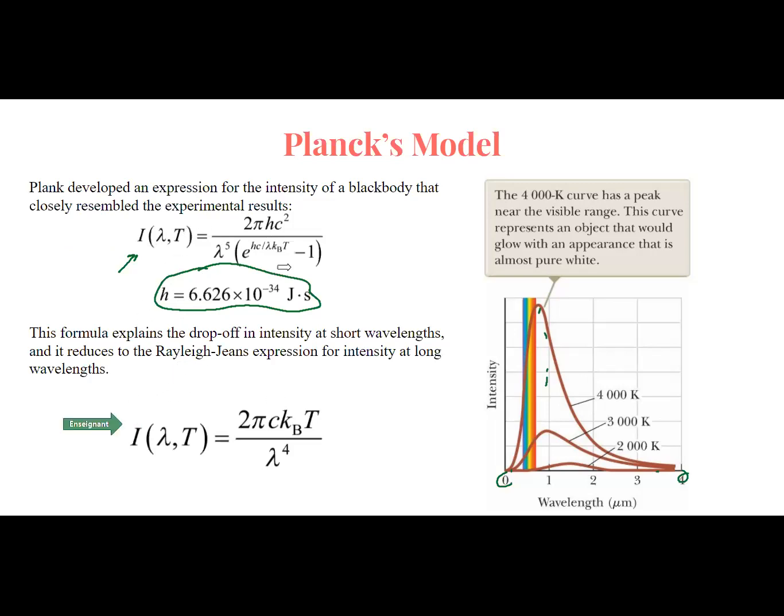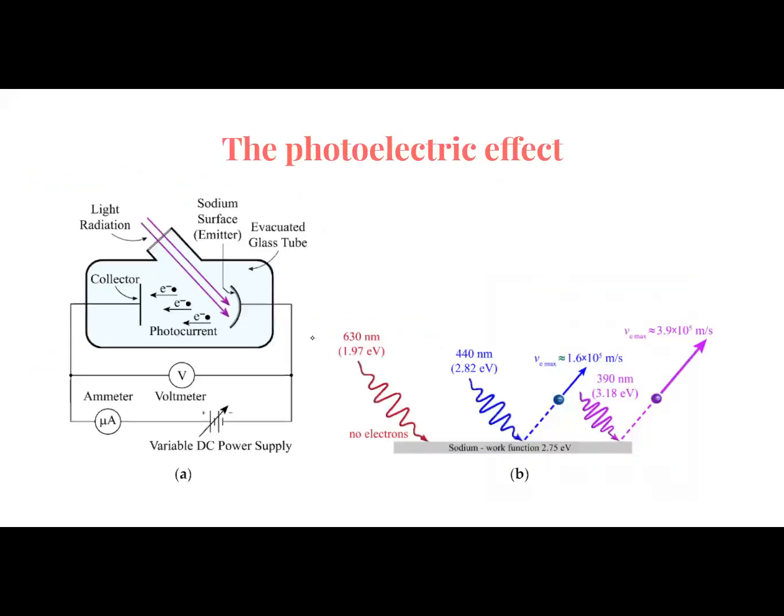It's fine. It's just that at short wavelengths, this one doesn't really work. I wouldn't expect you to memorize this formula. Obviously, it's just something you could plug in. Anyways, quantum mechanics is able to explain black body radiation a lot better than classical mechanics could.